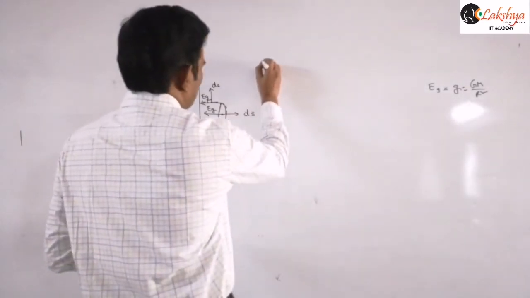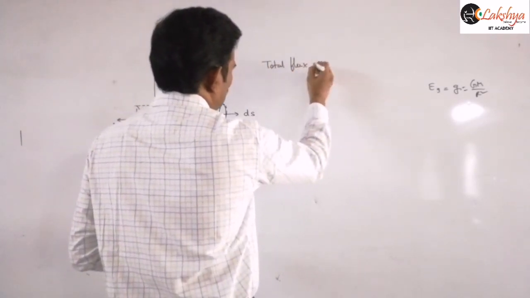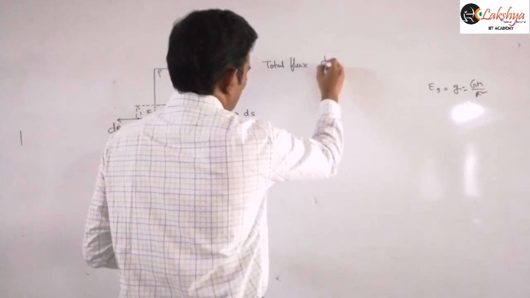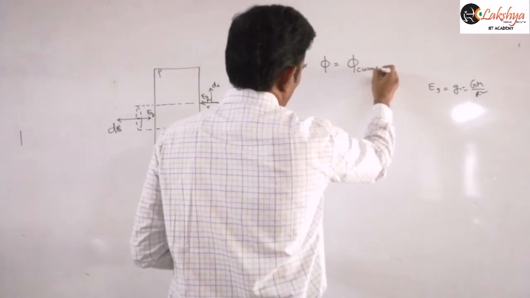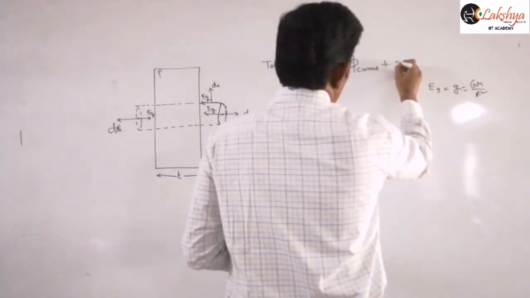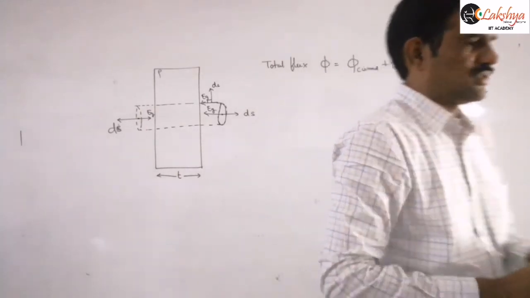So the total gravitational flux can be expressed as the flux through the curved surface plus 2 times the flux through the plane surface, because 2 planes are there.